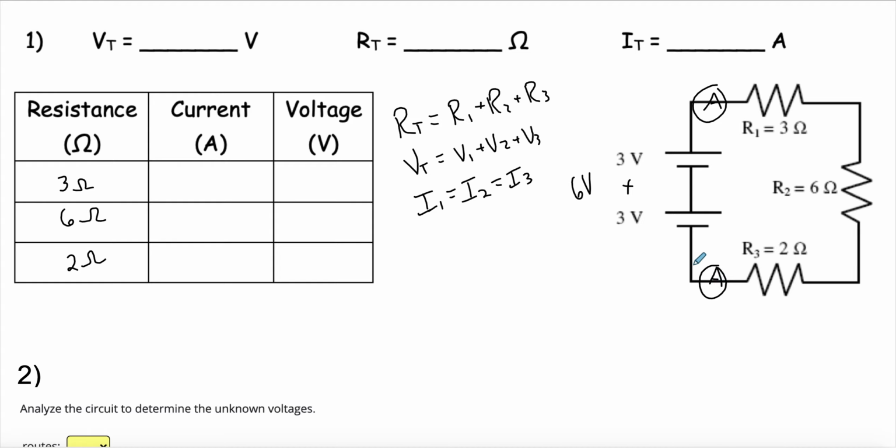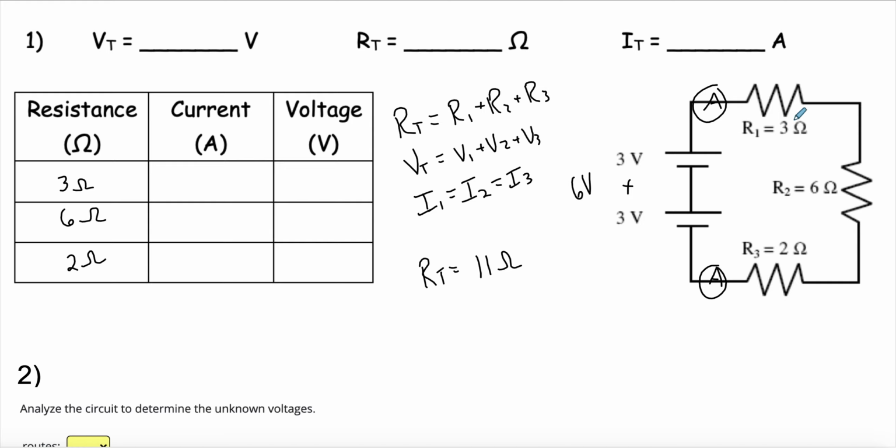Okay, if we're looking at something that's in parallel, that's not the same case. So we need total resistance. We got 3 plus 6 plus 2, so that's going to give me 11 ohms total. Okay, why do I need the total resistance? Because I need to figure out the amperage going through the circuit, or I need that for the voltages, I suppose, also.